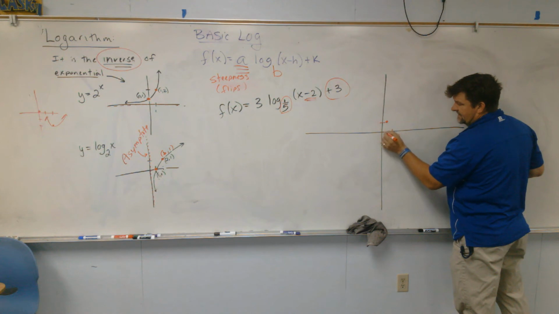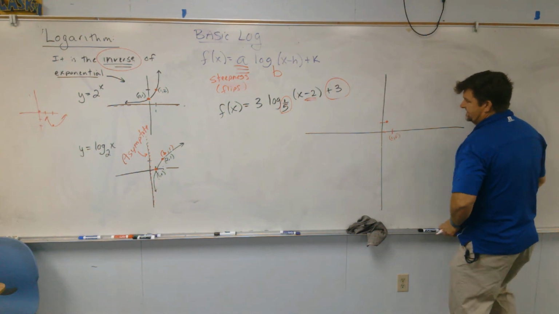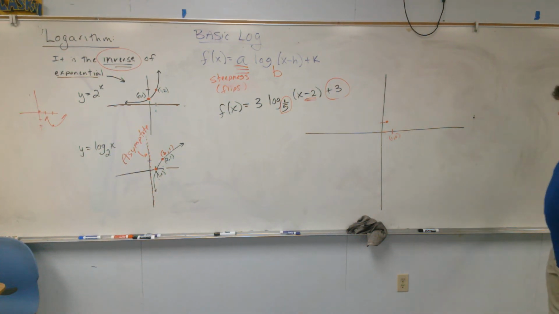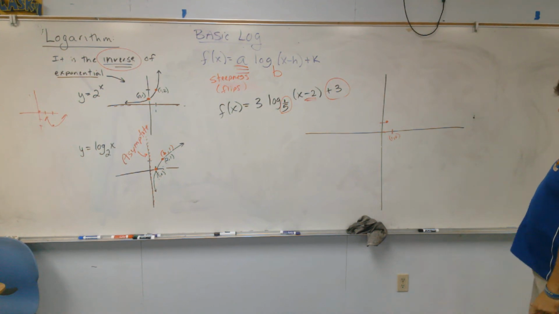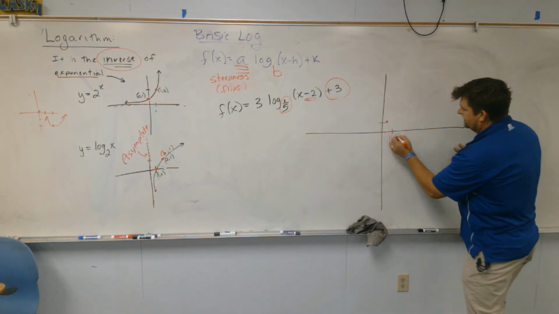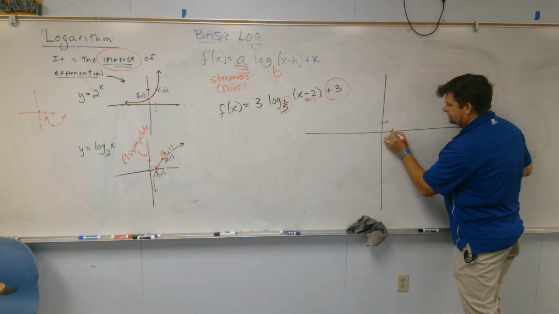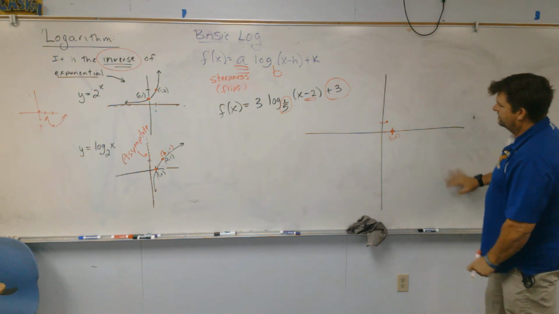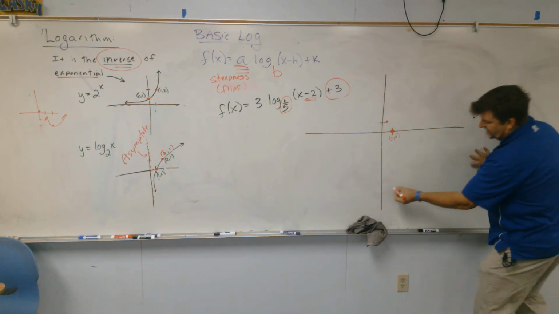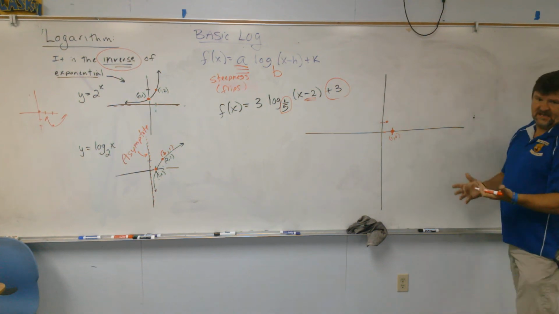So all of a sudden, they've messed things up. Let's look at this. Now we've got our 2 base points, and it's supposed to come up from the left like this, but that doesn't make any sense.